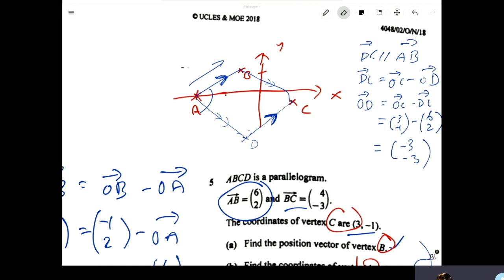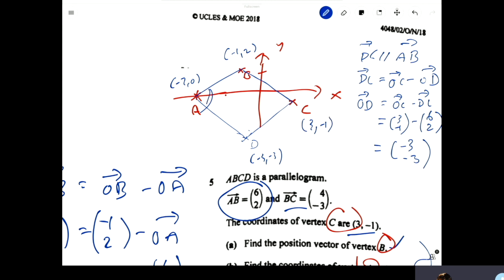Okay, let's try to put all the coordinates inside. B is (-1, 2). A is (-7, 0). D is (-3, -3). C is (3, -1).